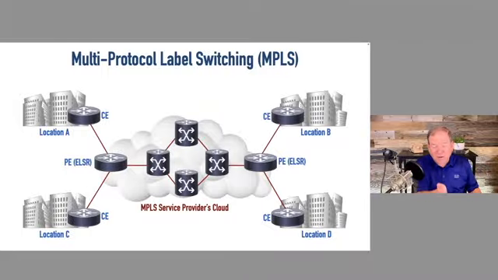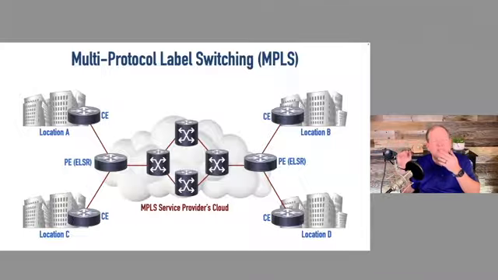So the PE router on the right, the router just to the left of that is the penultimate hop. When the packet gets to that router, it's going to pop off that label because that PE router doesn't need it. It's going to make the forwarding decision based on IP address information.